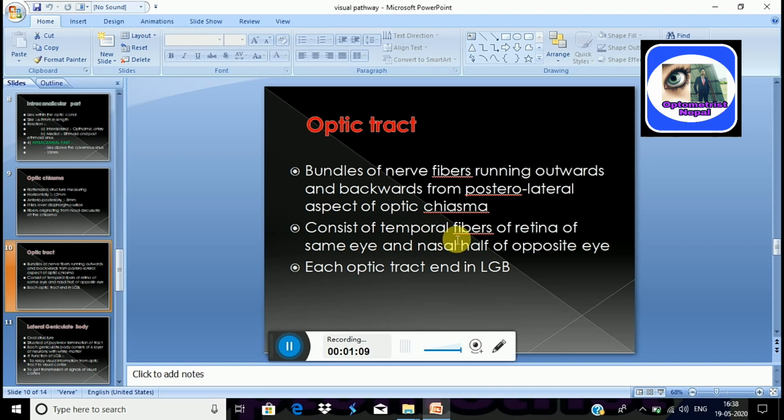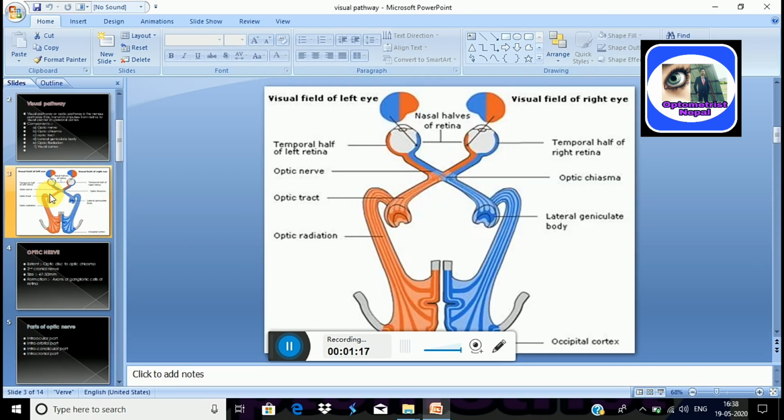It consists of temporal fibers of the retina of the same eye and nasal half fibers of the opposite eye. Temporal fibers pass to the lateral geniculate body, on the left and right also, and the nasal fibers of the opposite eye decussate here at the chiasma and pass to the lateral geniculate body.